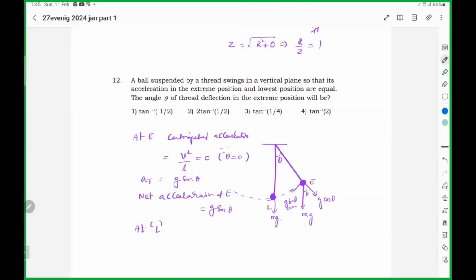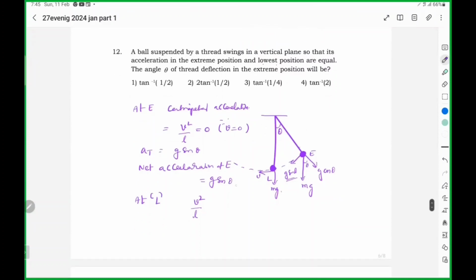And it has velocity also. So the acceleration is v square by L, centripetal acceleration. So what he has given is v square by L is g sin theta.